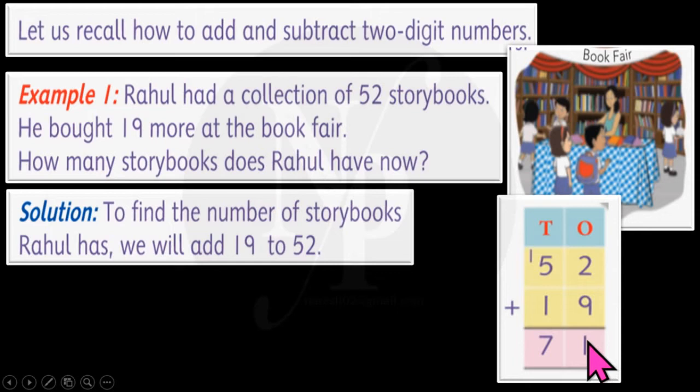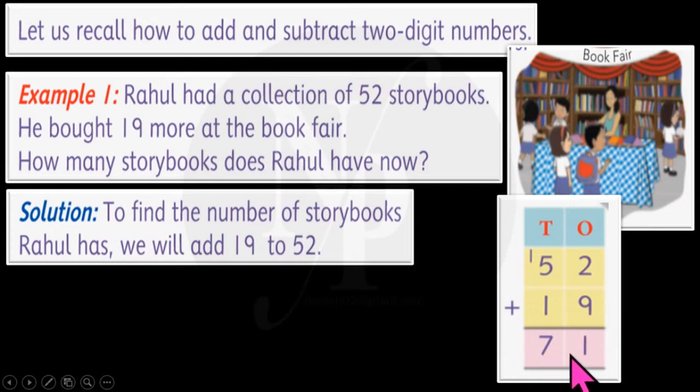So 11 ones are regrouped as 1 ten and 1 one. The 1 one is written in the ones place and the 1 ten is carried forward to the tens column, and we add these numbers now. 1 plus 5 is 6, 6 plus 1 is 7. Therefore, 71 is the sum of these two numbers.